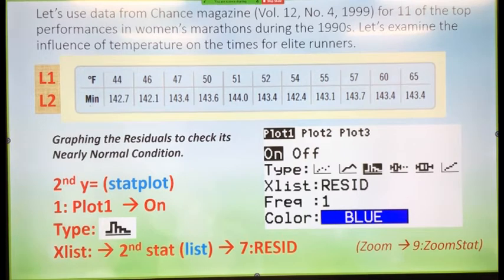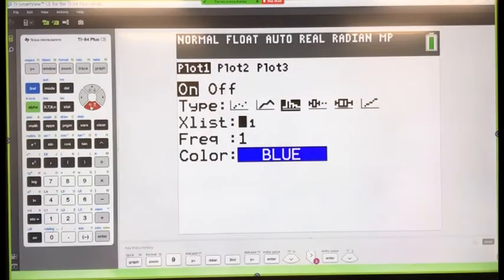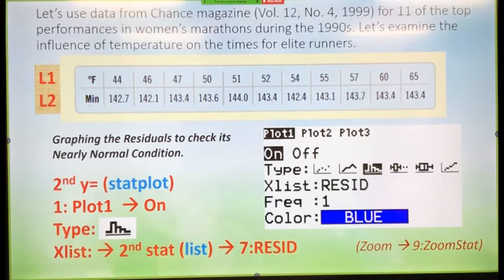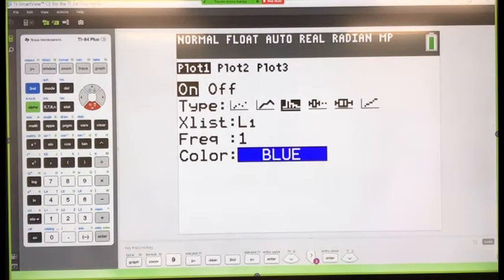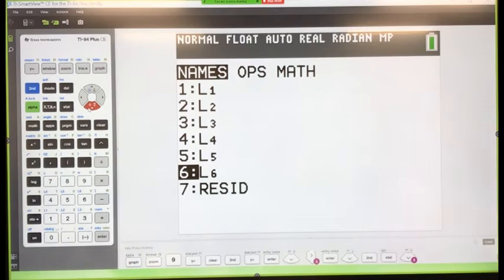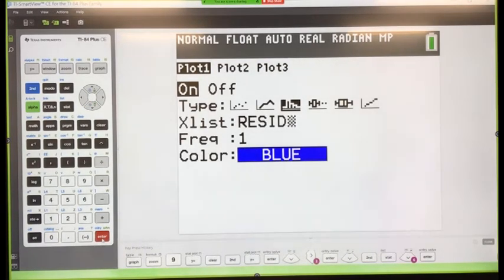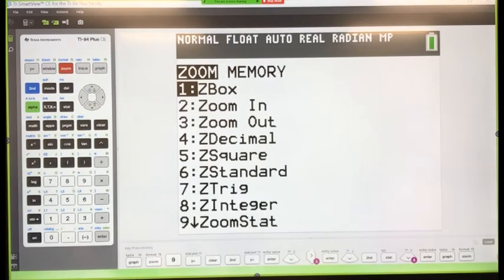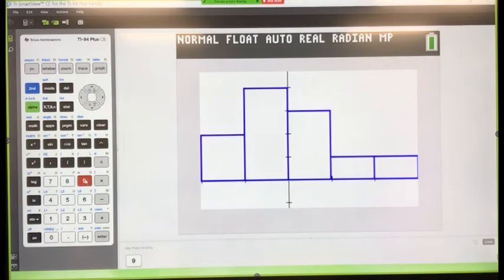Second y equals stat plot, turn plot 1 on, type histogram, and for XList, go to second stats. So I'm going in here in the list and go all the way down to RESID, residual. It's going to plot the residuals of the data you have put into your stat list. And hit graph. Well, you might want to go zoom stat, and bam, there's the histogram of your residuals.